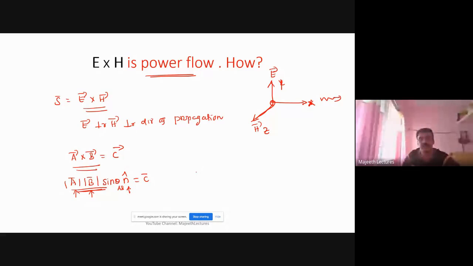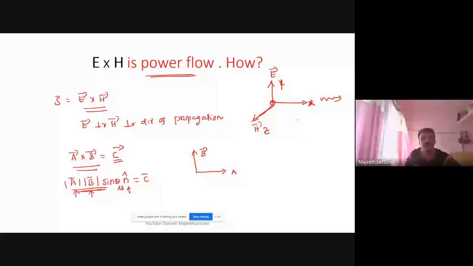So what is the thing? If A is in this direction, and B is in this direction, where will be A cross B? That is the question, right? So where will be our C? C is nothing but A cross B. So whenever you want to know in which direction A cross B will be there, use the simple rule I'm telling you now.